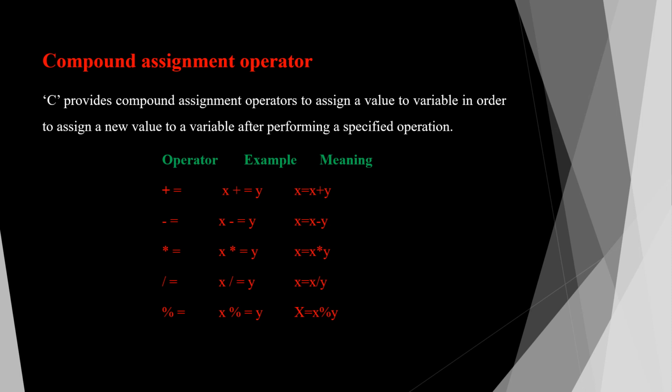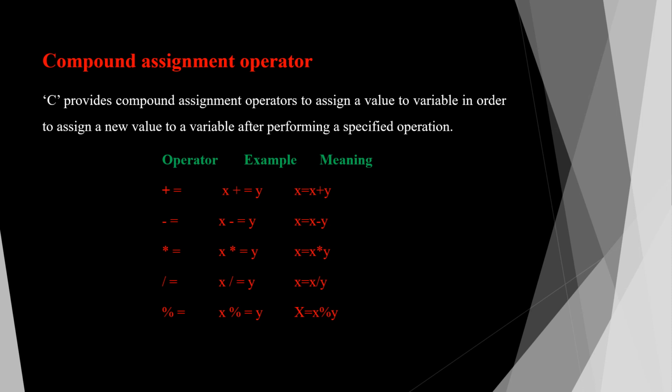Here is plus equal. The example is x plus equal y, which means x is equal to x plus y. Similarly, minus equal to. The example is x minus equal to y, which means x equal to x minus y.